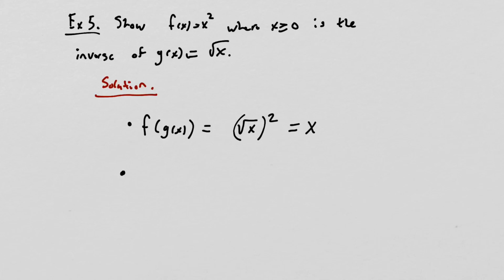And if we do the same thing the other way, composing g with f, this is going to be equal to the square root of x squared, which is again equal to x. So by the inverse function property again, this implies that f is going to be equal to g inverse.